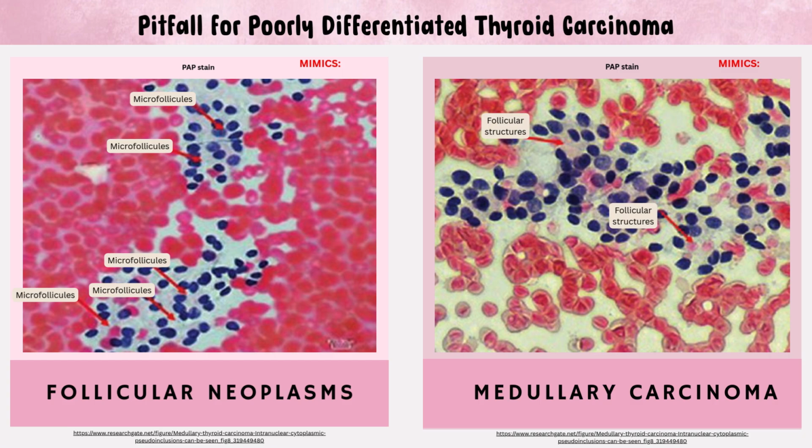Similarly, on the slide referencing medullary thyroid carcinoma, as noted, both tumors can exhibit overlapping features. Without immunohistochemistry for calcitonin, this overlap is a significant pitfall.